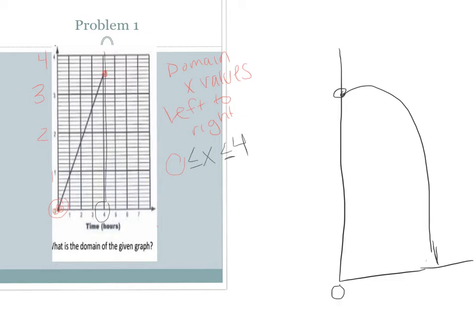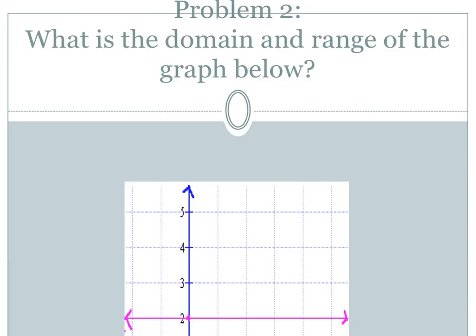So if I put this as a 0 and I put this as a 5, my domain is going to be 0 less than or equal to x less than or equal to 5. So the only time you don't have this line is if it doesn't look like this, where it's a solid line, or it doesn't have a solid circle. So 90% of the time, if you don't see an open circle, put that line underneath.